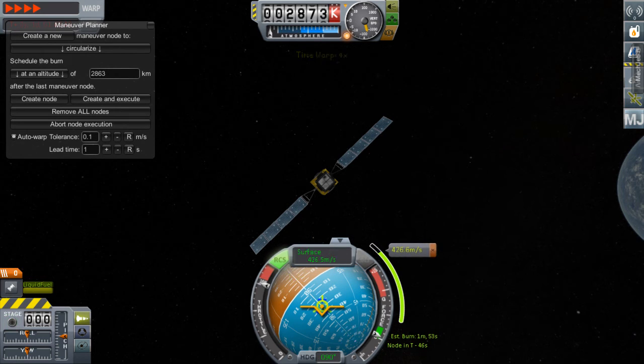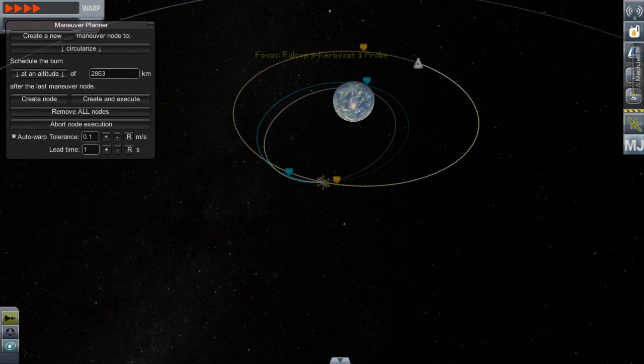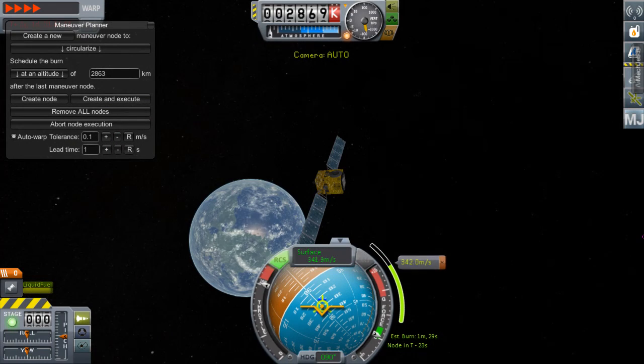This is the Kerbosat Corporation's first satellite in geosynchronous orbit.